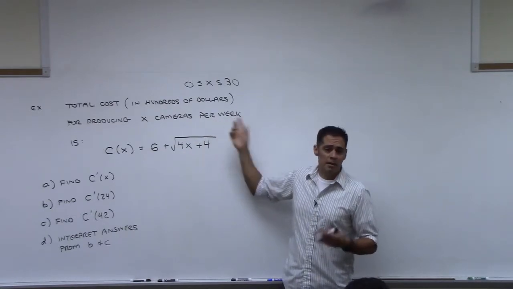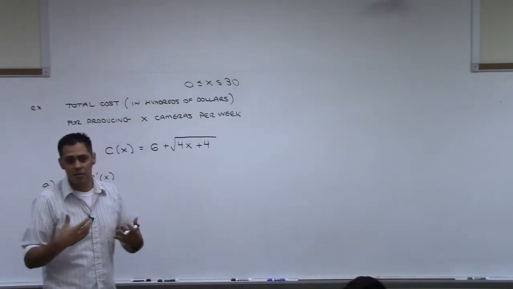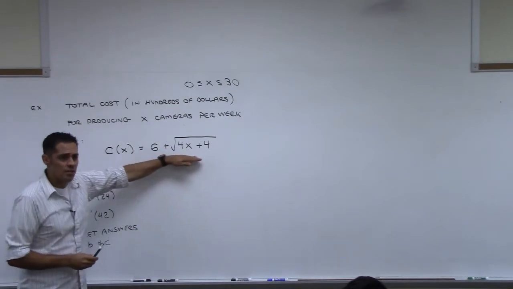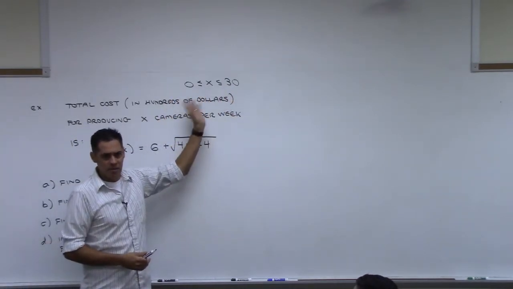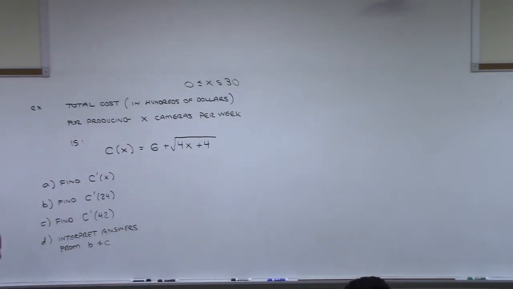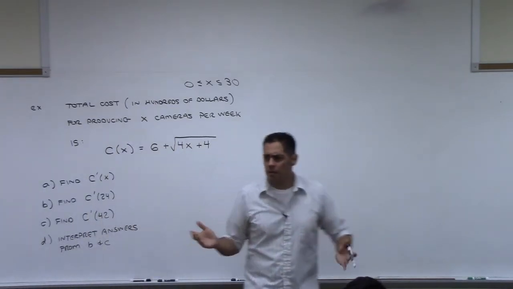We already know we can't make more than 30 cameras a week. That's just the limitation of our company. So we have a model of our cost that is valid as long as we're talking about this number of cameras. Of course, if we hire more employees or buy new machines, whatever, then maybe our cost function is a little different.